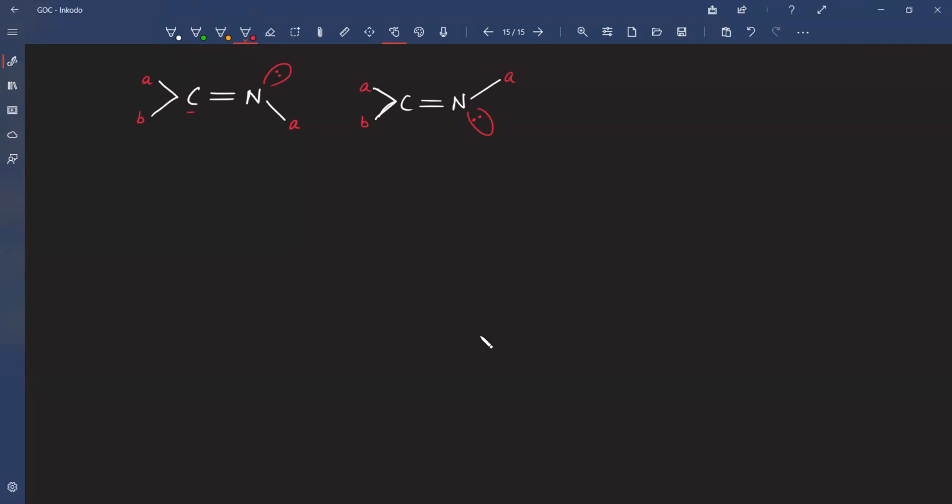So in such cases, when you have a situation like this, right now what you are seeing here are dummy, or you can say generic, compounds. You don't have a substituent there. So you will first have to understand when these compounds with carbon double bond nitrogen are formed and how they are formed.